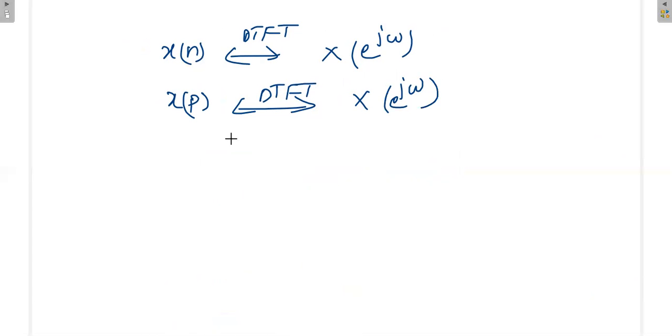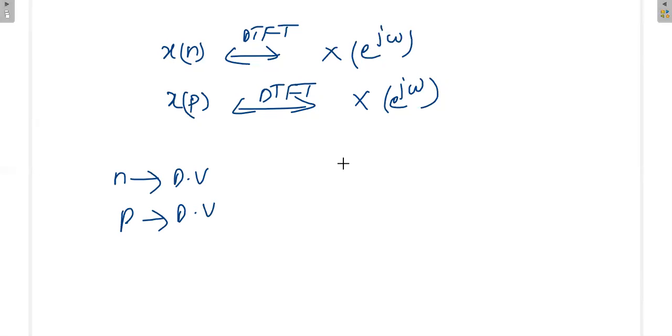So what is important finally is the shape of the signal, not the variable. Remember, n is a discrete time variable, p is also a discrete time variable. So whether I use n or p or some other variable, I'll still get the same answer. Don't get confused that whenever I get x of p, I must directly write x of n. Finally, everything is the same.